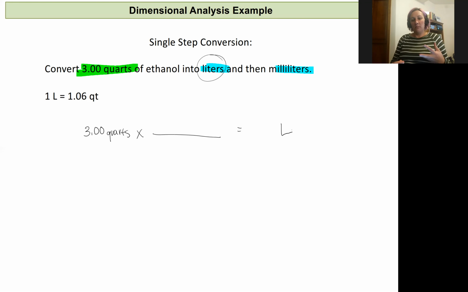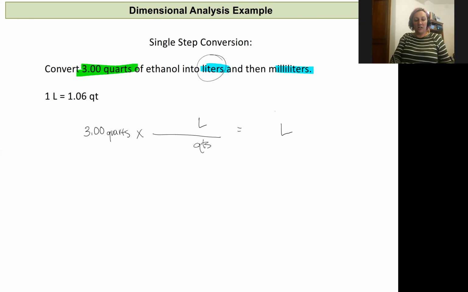So the way to set up my conversion so I know that I'm performing it correctly and not flipping it and getting the right number is to use my units to make sure I end up at the right spot. So if I don't want quarts to be in my final answer as units, I need to make sure that it cancels out. If I have quarts on the top and the bottom of something I'm multiplying, then I'll be able to cancel them and they won't be units that are in my final answer. And then I'll want to have liters in my answer, so I'll put it on top so it doesn't cancel out with anything.